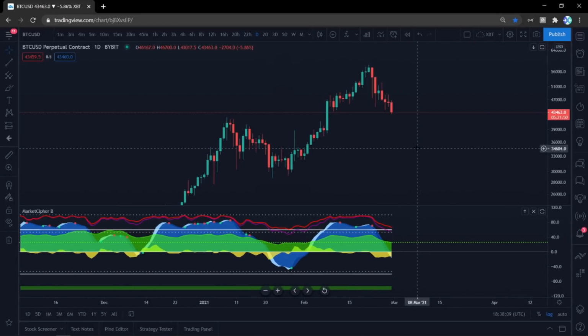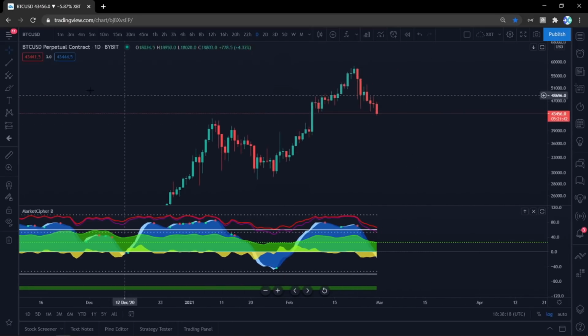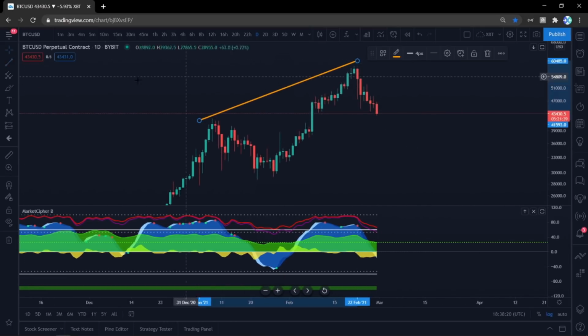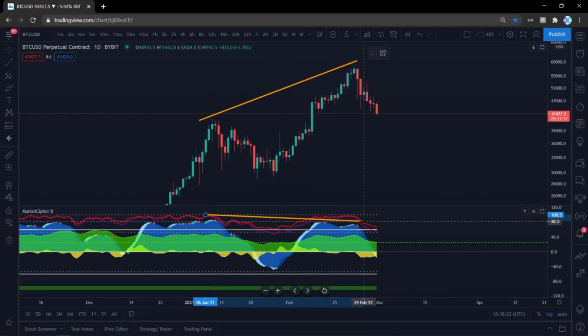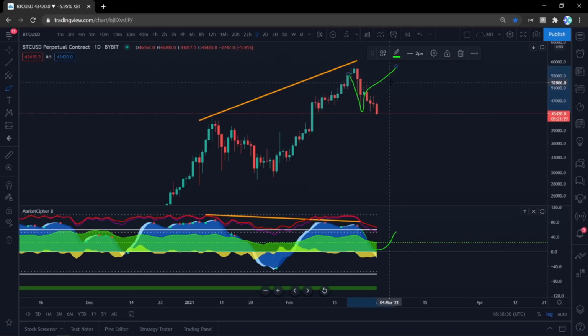So one thing that divergences are really good at is telling you the direction of a market. They're not very good at telling you the magnitude of that movement. So this bearish divergence here that we saw that has still been playing out, there was no way to know if this momentum was going to curve up here and that this was going to be the dip right here. There's just no way to know that based off of these momentum oscillators.